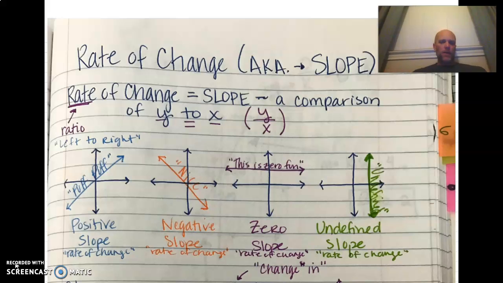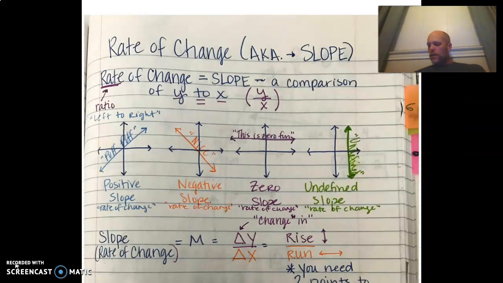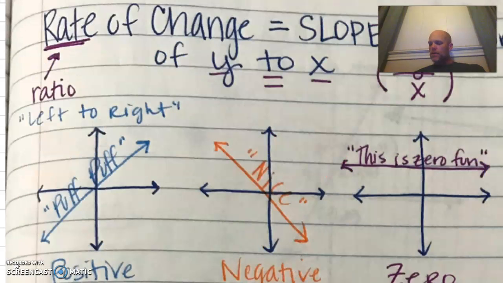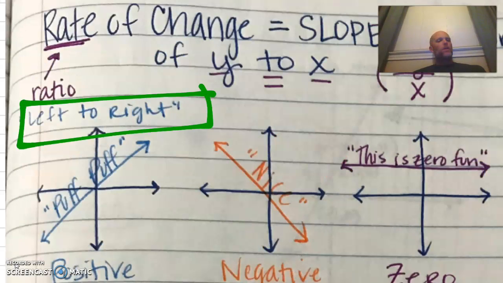It's just a comparison of the y, meaning up and down, to the x, meaning side to side. That's why we did rise over run, because y rises, x runs. To find whether it's positive or negative, you would always go from left to right, like you read a book.